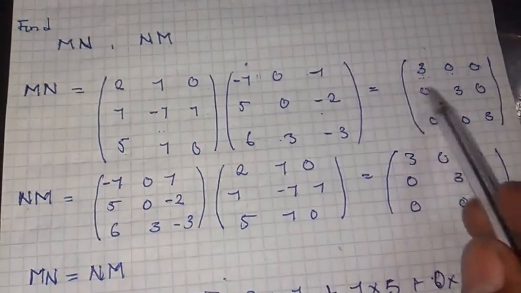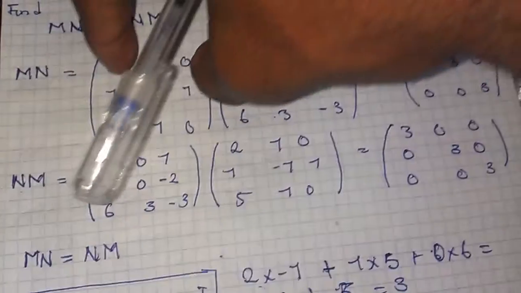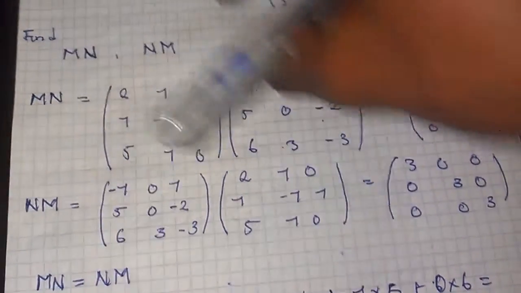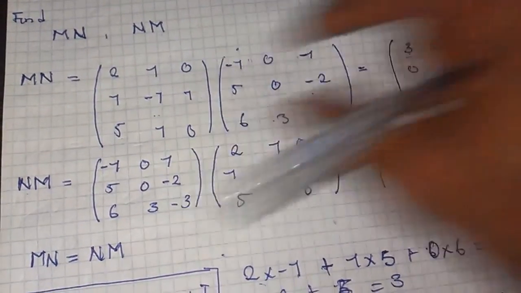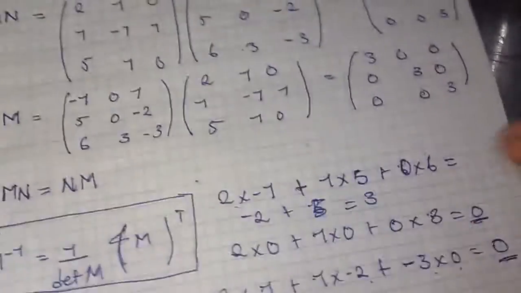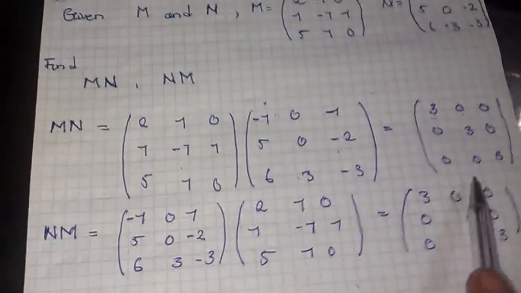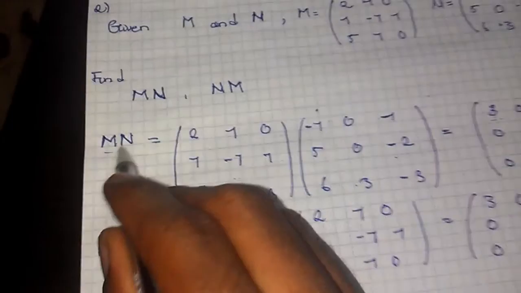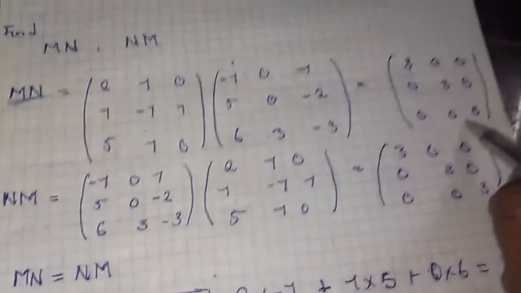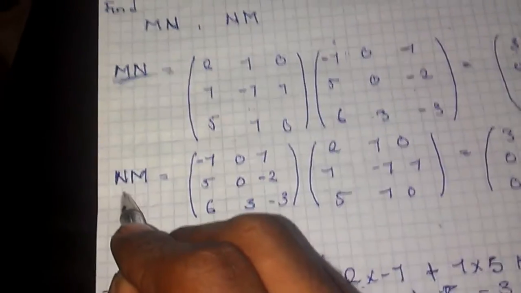If now you want to get this one here, you simply take this one and put it here as we said. Then you do the same magic as we did here. After doing that, my result for MN was this, and my result for NM was still this.